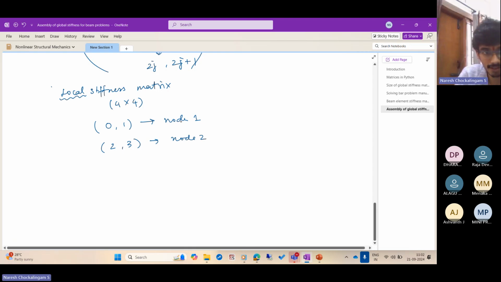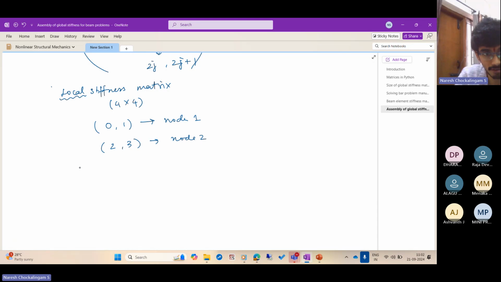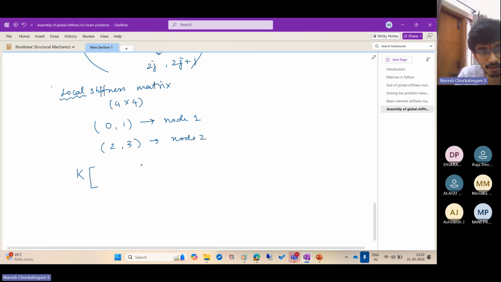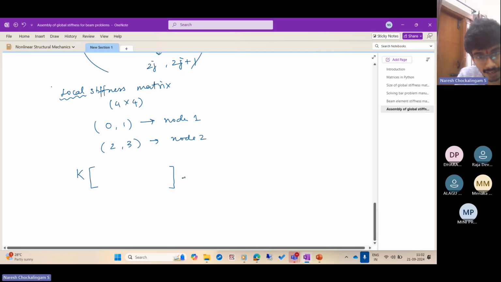So firstly, corresponding to node 0, what is the local node number? Let me put it this way. This will not change: K of global something is equal to K global of something plus K local of something else.